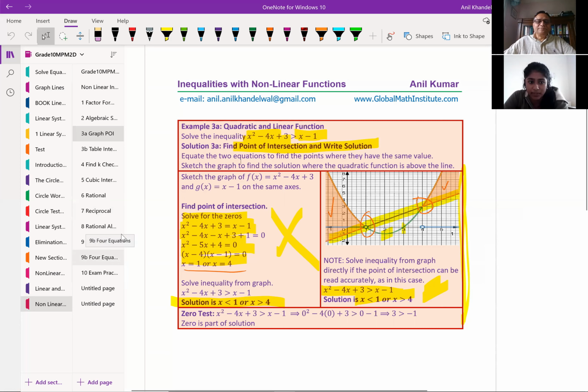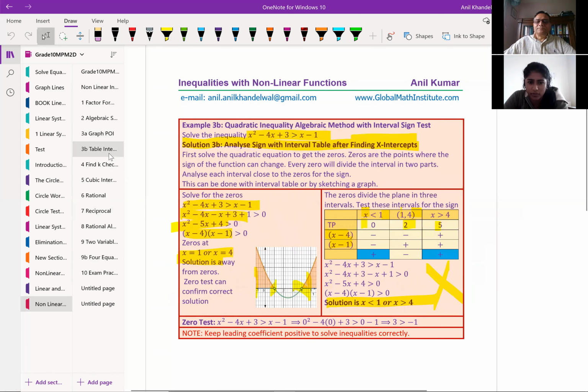And then the next one would be the table of intervals. Again, the same question, but showing alternate strategies to answer it. Honestly, whichever one you prefer to do in the set time you choose, but it's good to have all these options available to you.